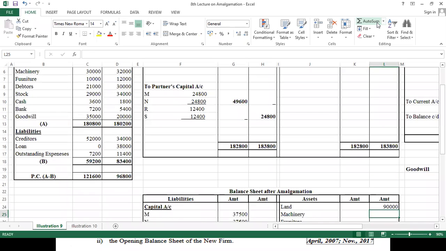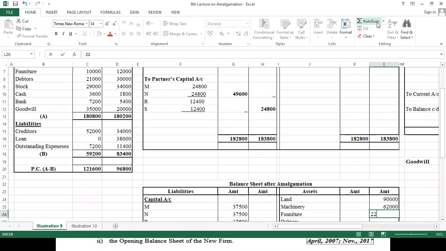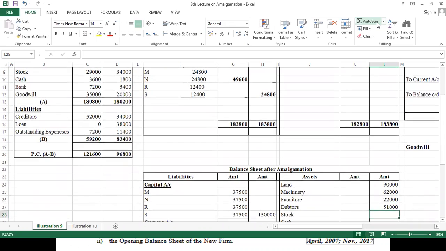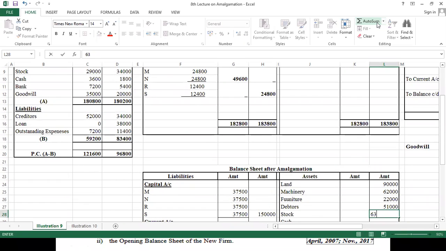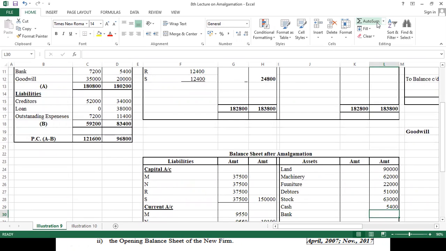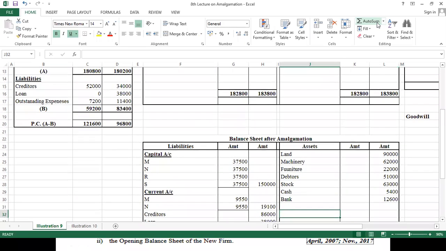Then we have 62,000, 22,000, 51,000, 63,000, 5,400, 12,600.